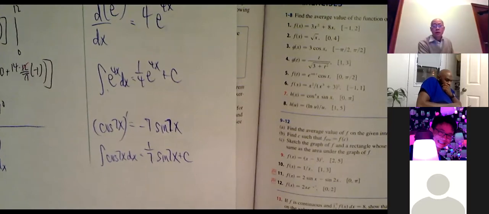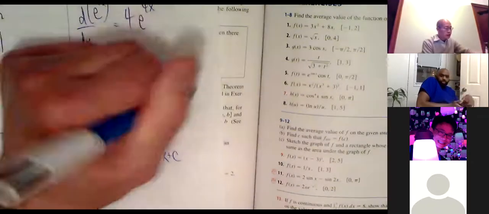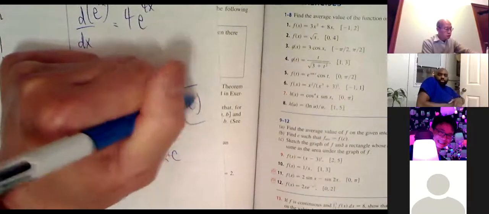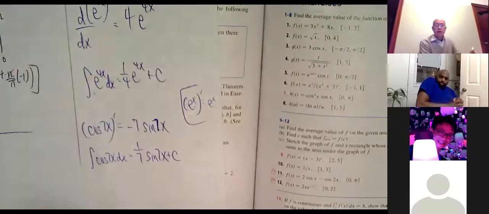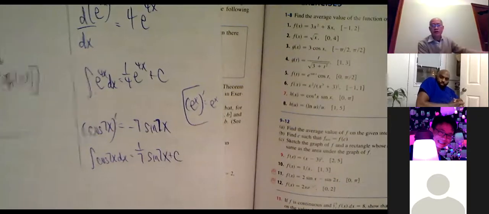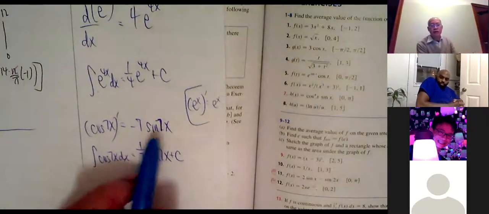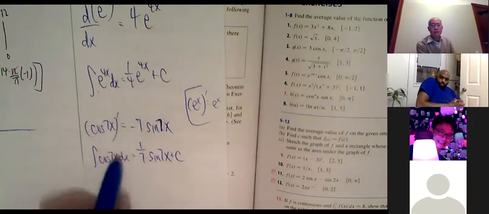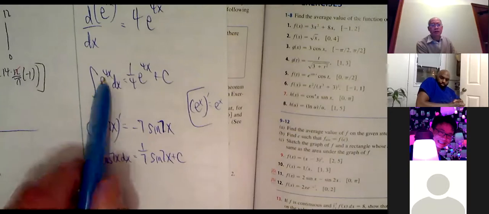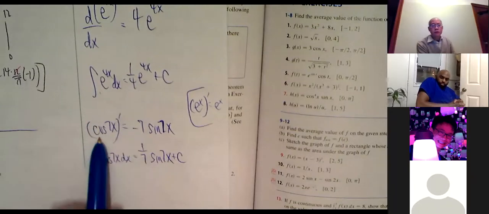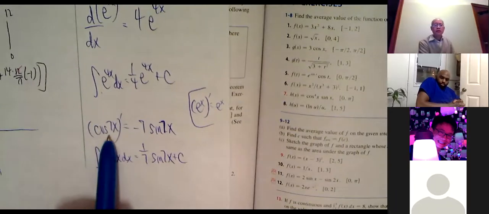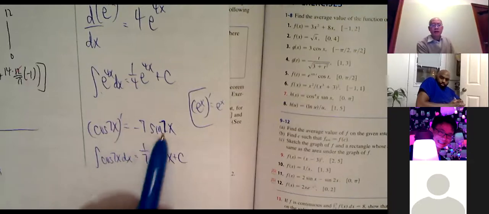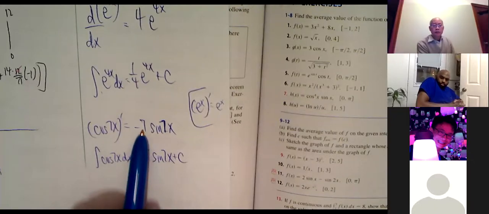And remember, the derivative of e to the x was e to the x. It's too much to go over the derivation of that. You saw some of that in Calc 1, hopefully. But just know the derivative of e to the x is e to the x. And if you have something like e to the 4x, chain rule. All right, so over here, cosine 7x, negative sine 7x times 7.